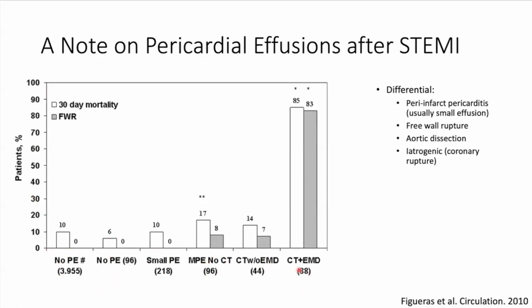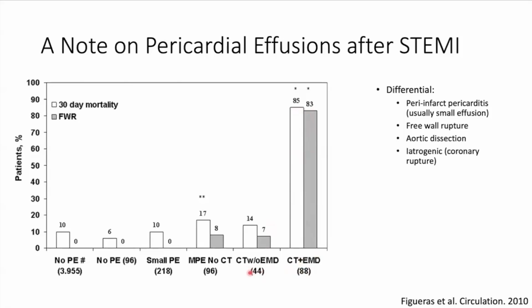And finally, cardiac tamponade with arrest. The ones with cardiac tamponade are as expected. The white boxes here represent 30-day mortality. So 85% of patients that had cardiac tamponade with arrest died within 30 days, and almost all of them were from free wall rupture, which is expected.